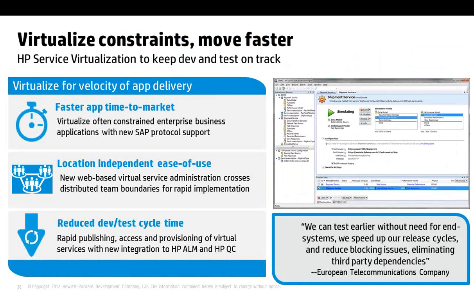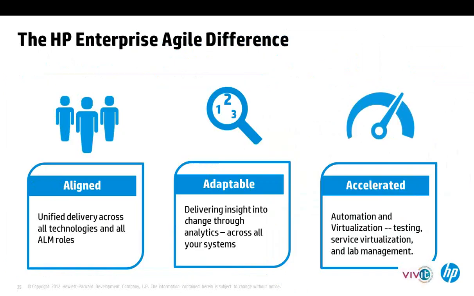So with that, we are just wrapping up here. And I want to highlight that today the HP Enterprise Agile solutions are unique in various ways. Our core principles are around alignment. How do we unify the delivery across all the technologies and ALM roles?